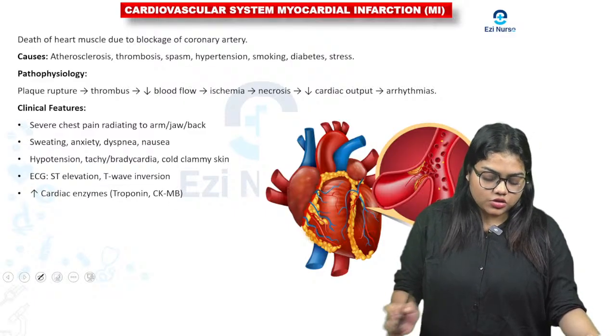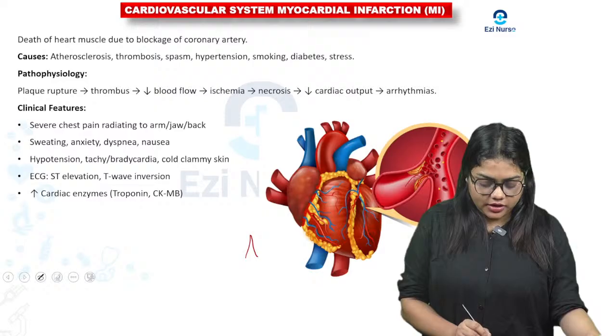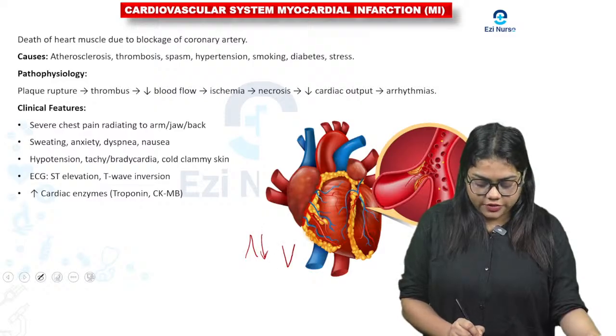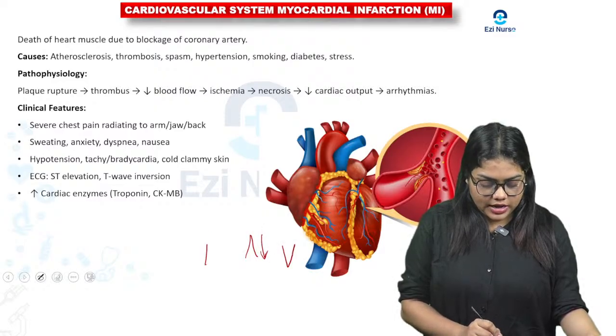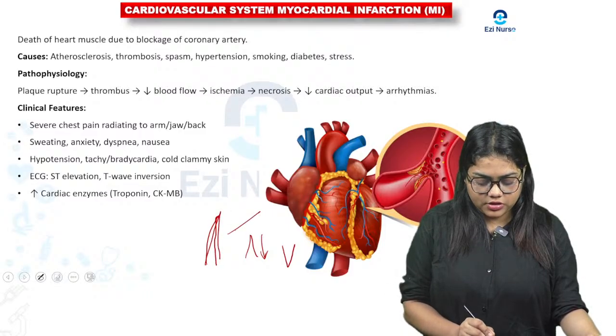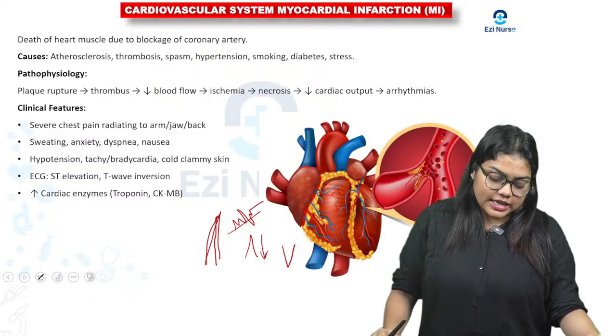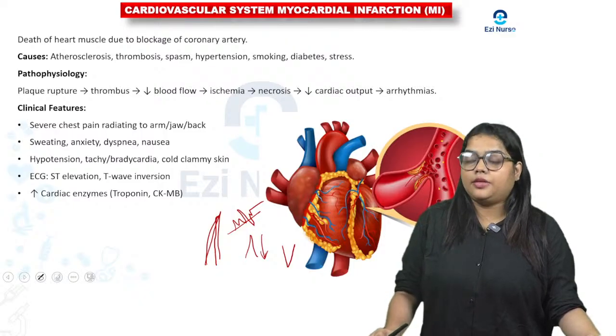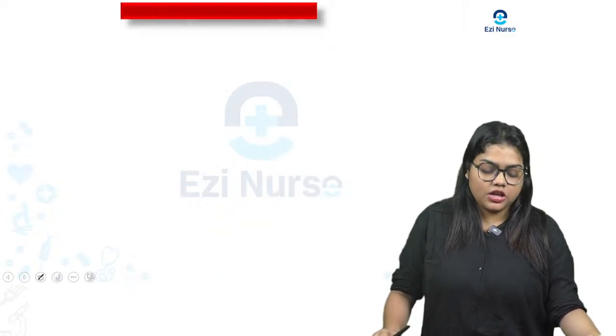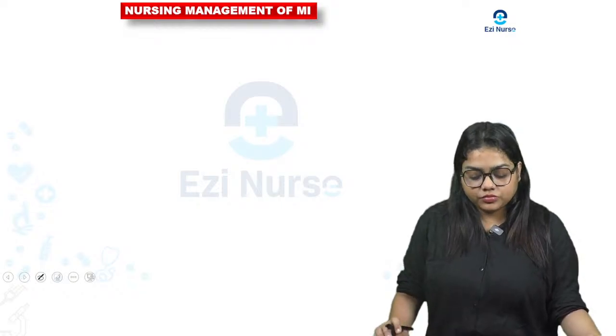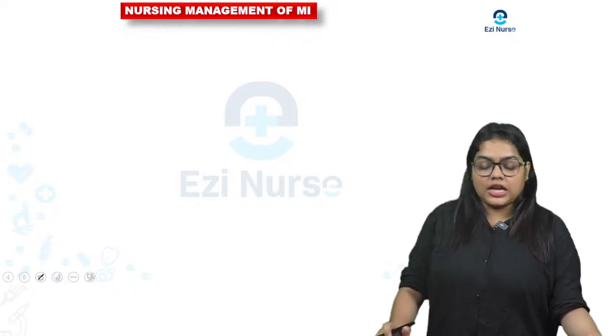So the T will go down, and the ST will be more elevated in the ECG. Next, cardiac enzymes like troponin and CK-MB will be increased. Okay, so these are the main common signs and symptoms.